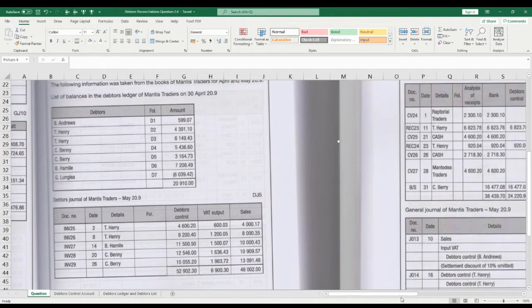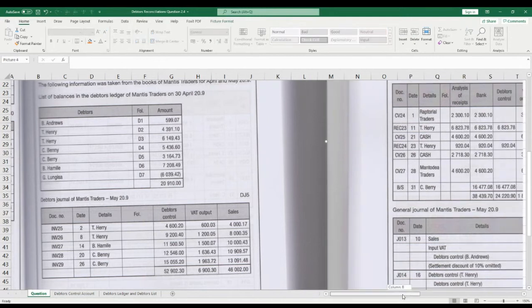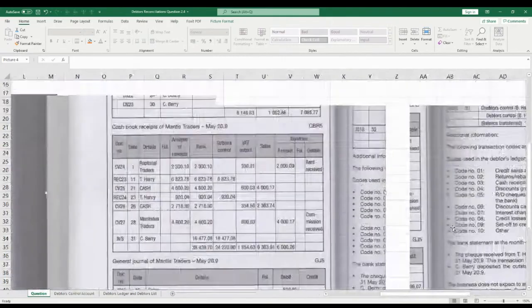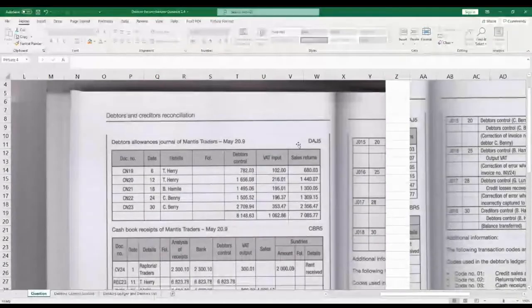Now if we page over to page 46, here you'll see they've given you the debtors allowance information, and similar to the debtors journal, we're going to take each and every individual line item to that debtor's account, and then the total of the debtors control column will go to our debtors control T account.